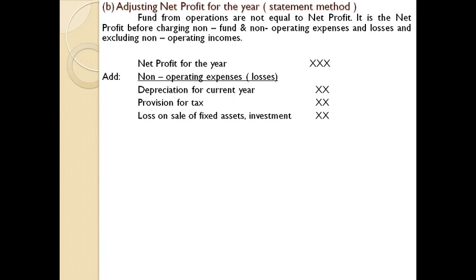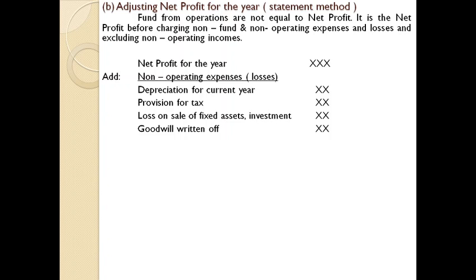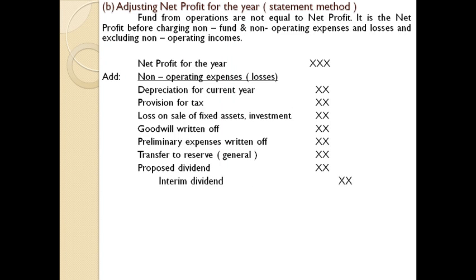Next one, loss on sale of fixed asset or investments. Next one, goodwill written off, preliminary expenses written off, transfer to reserve, proposed dividend, interim dividend. These are the common non-operating expense items.